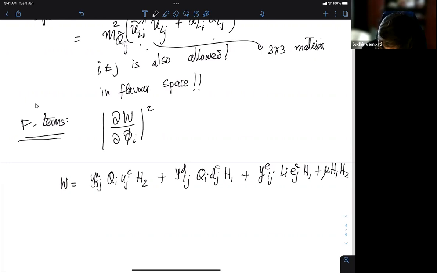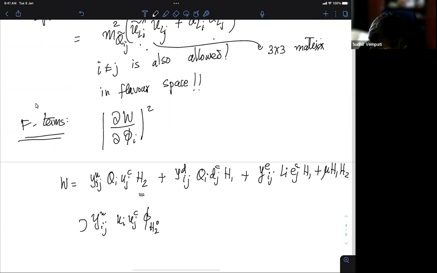Now each term contains all possible Yukawas. It also contains the Higgs getting a vacuum expectation value. So Y_U ij times u_i u_j^c and H2. These two are fermions, and this one is a neutral Higgs, which is nothing but your φ. This expansion we have seen in great detail in both supersymmetric QED and in the MSSM.